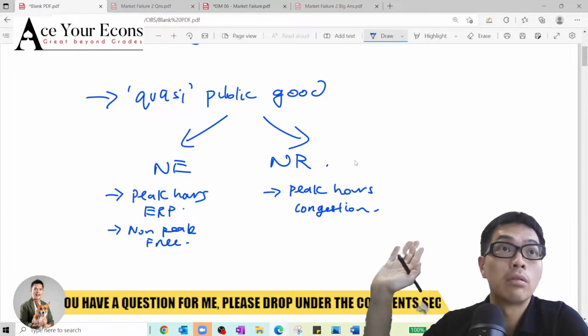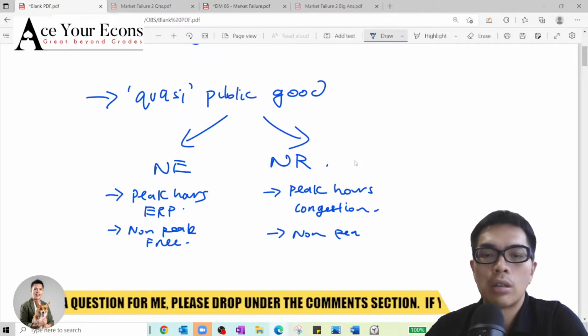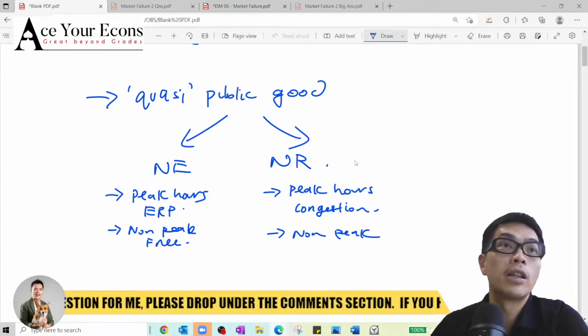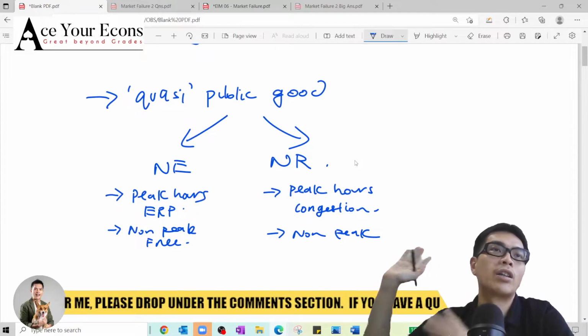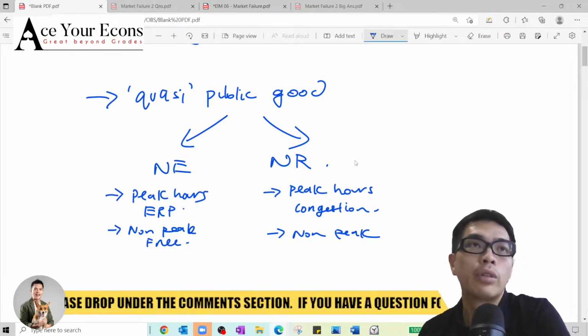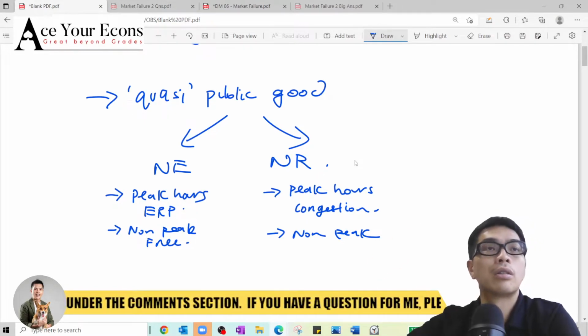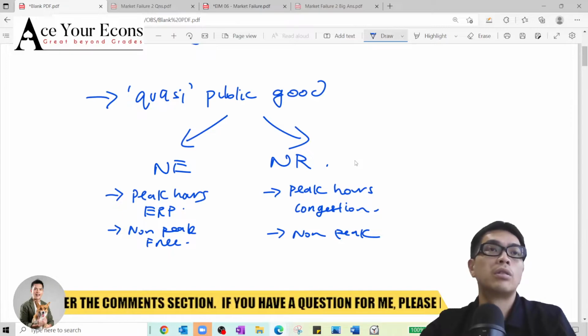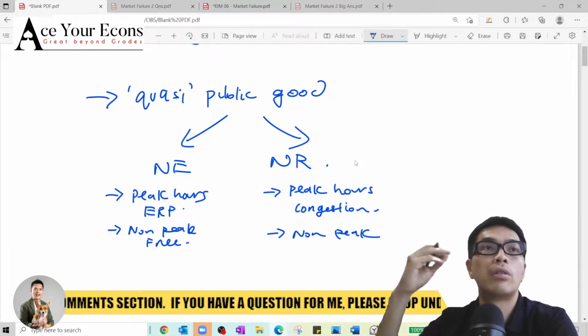Make sense? But non-peak means what? It means that if the road is sufficiently wide, or if you drive at a non-peak hour, then when I consume the road as a motorist, it's unlikely to affect you, because the road is hardly used. If the road is hardly used, the supply of the road won't be depleted.